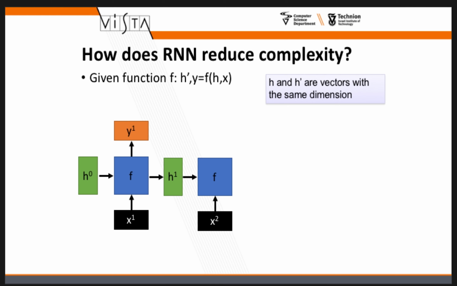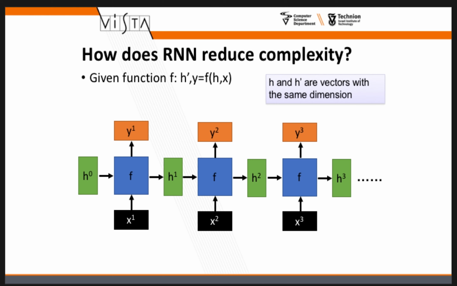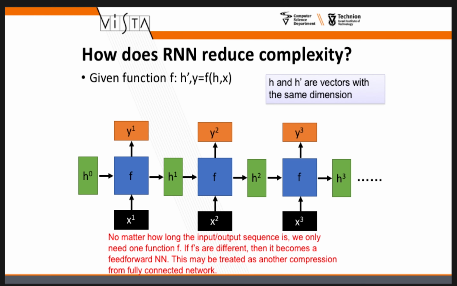In contrast to a feed-forward neural network. Great. So here we have x2, and then we have x3, etc. No matter how long the input-output sequence, we only need the function f. And if the f's are different, then it becomes a feed-forward neural network.